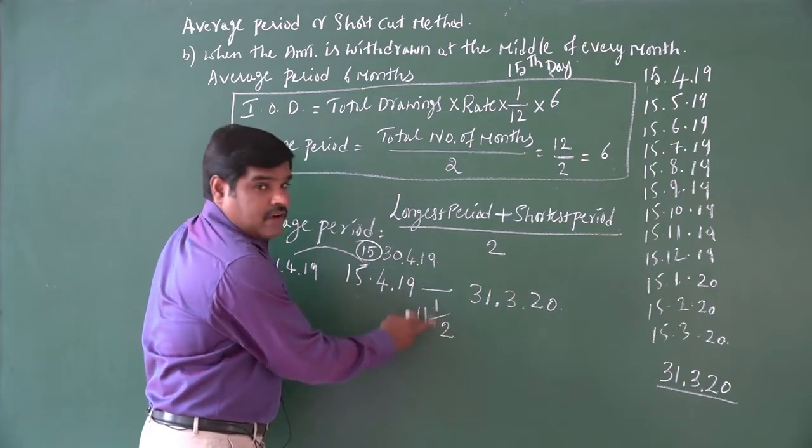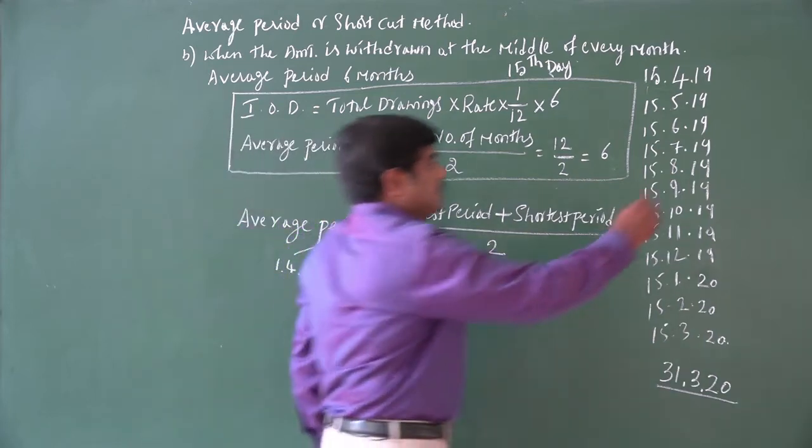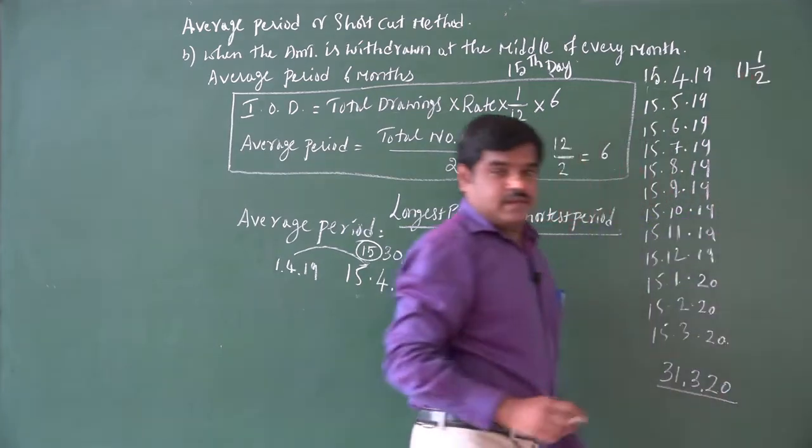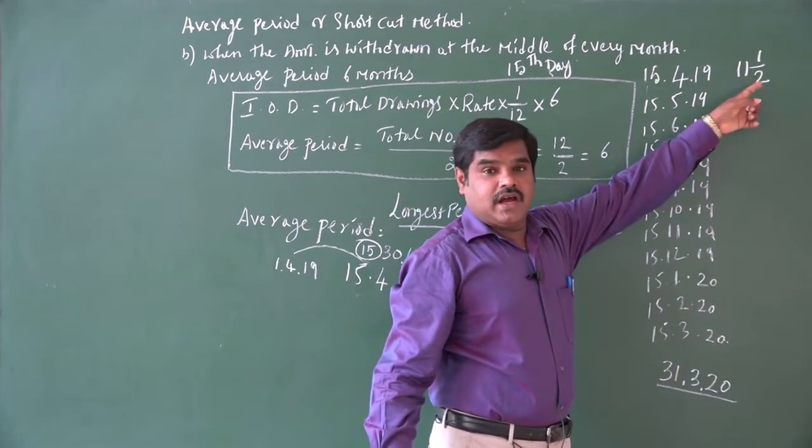So 11 and a half months will be the outstanding period.